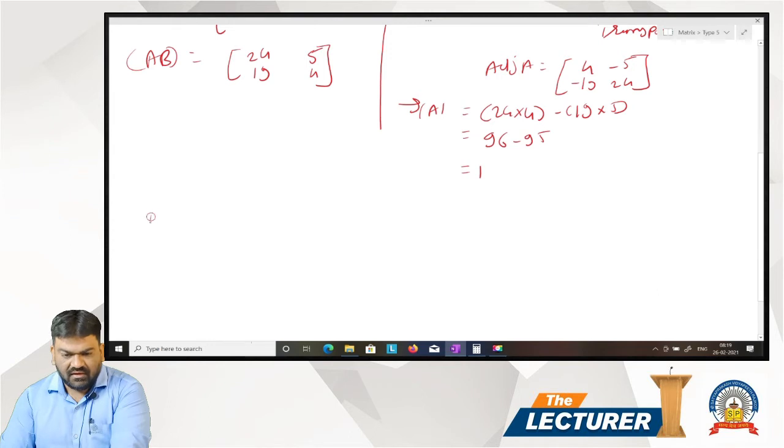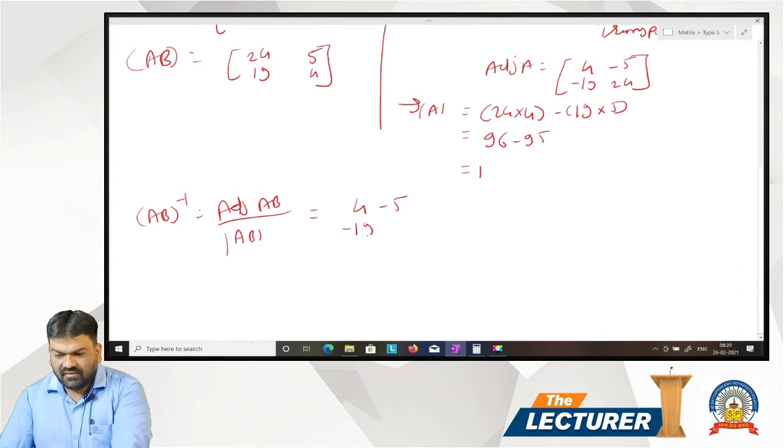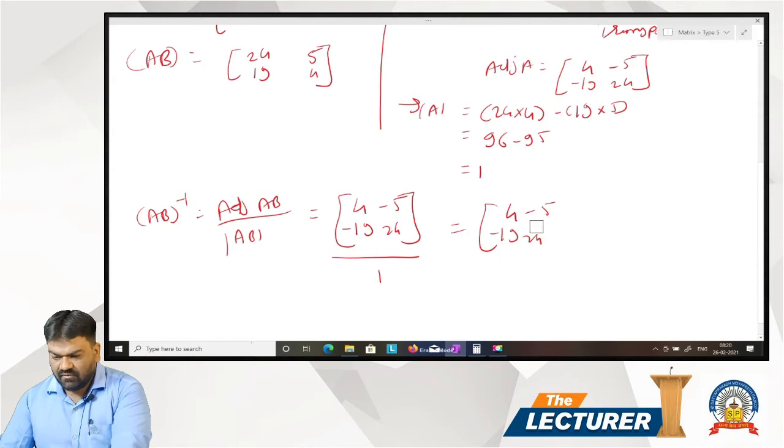Now AB raised to minus 1 is equal to adjoint of AB divided by determinant of AB, which is [4 -5; -19 24] divided by 1, equal to [4 -5; -19 24]. This is our left hand side.